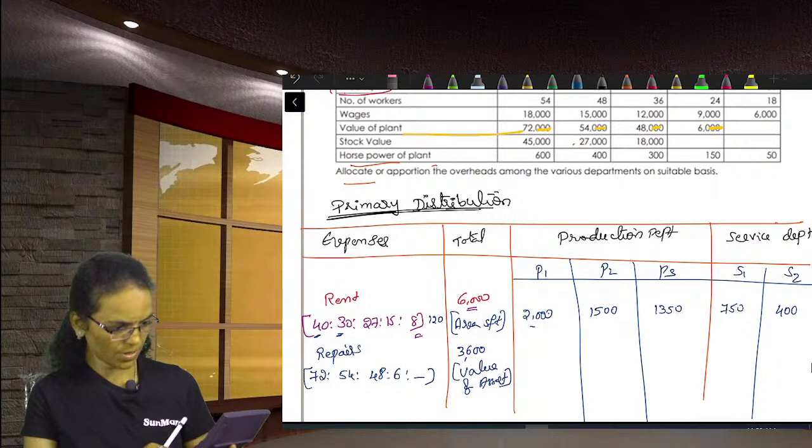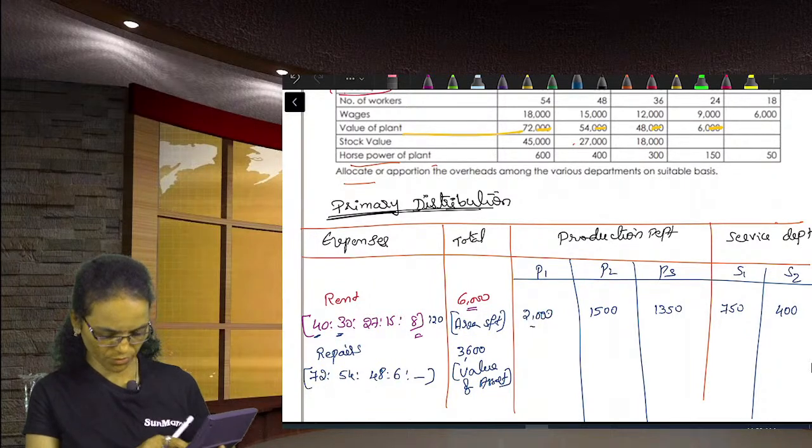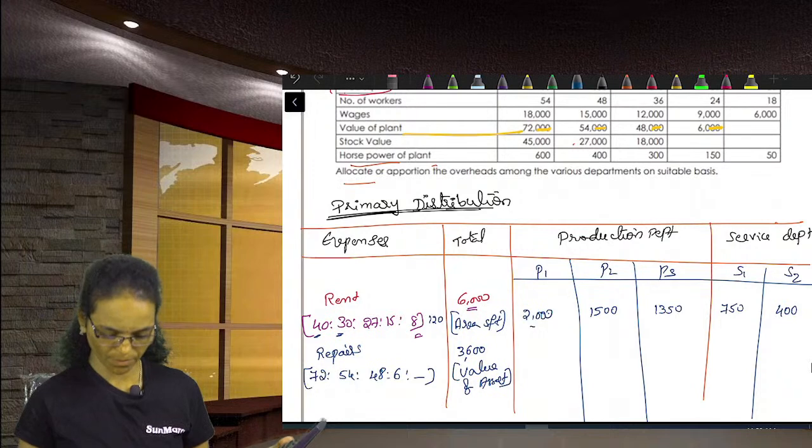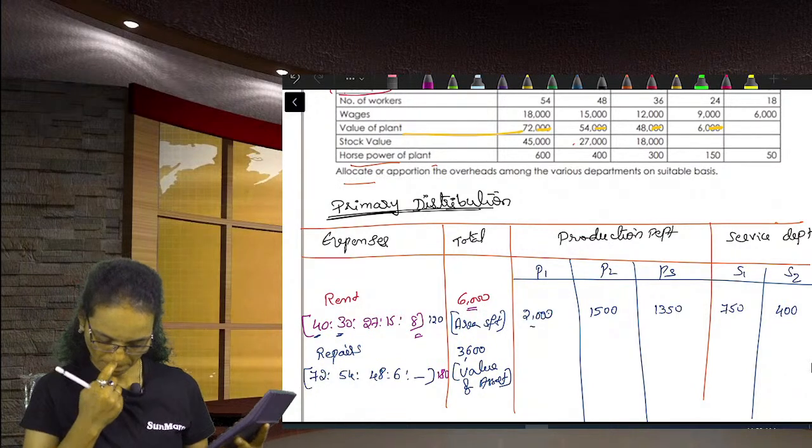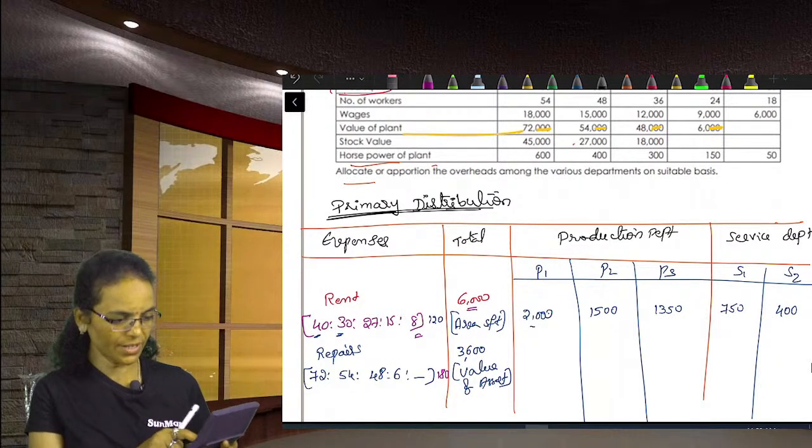Everywhere three zeros are common. You remove them. Then you write 72 is to 54 is to 48 is to 6.